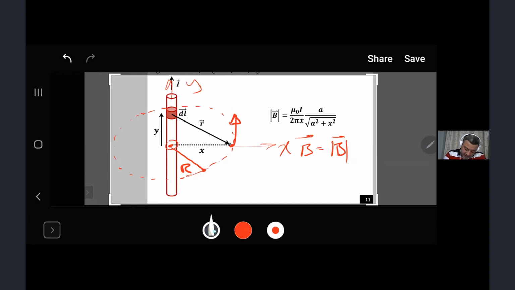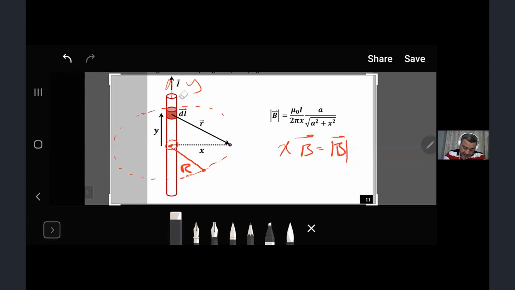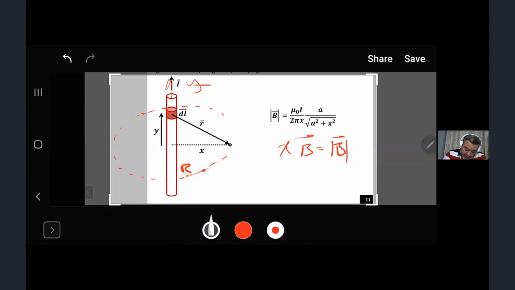If I take the upper one as z, and y is in this direction, so this is x, I guess this is clearer.